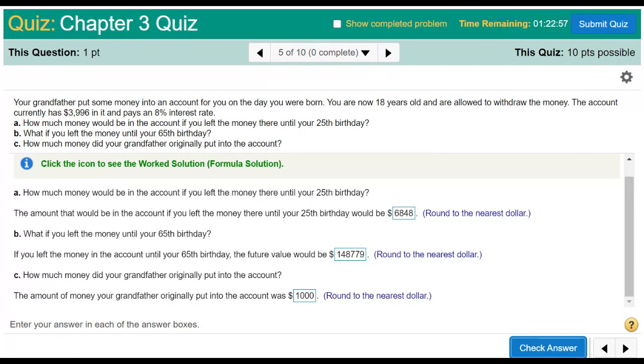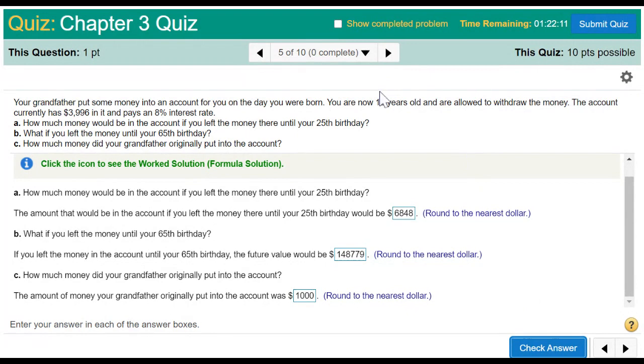Can you please also explain again for A? Yes. It says if he left the money until he was 25. At 18, he was allowed to withdraw the money, so he had this amount at 18 years old. That's where you start from.